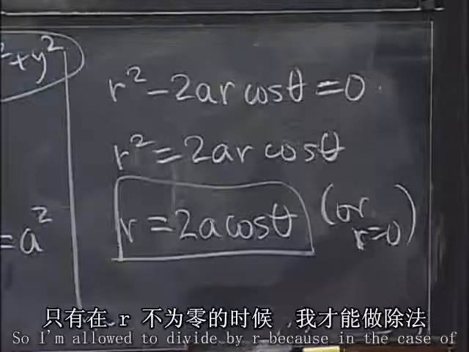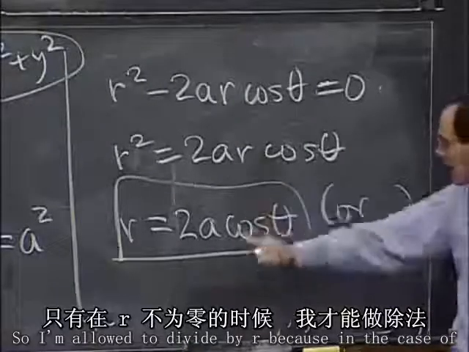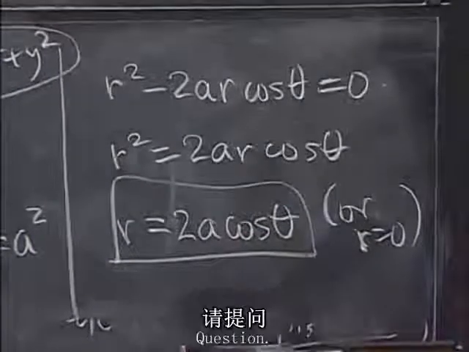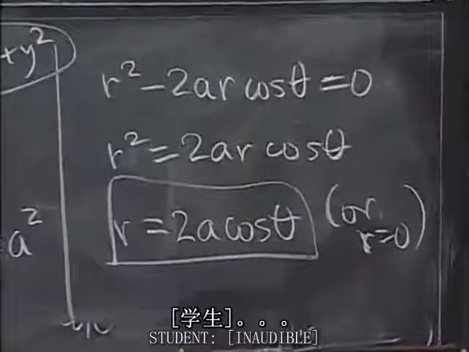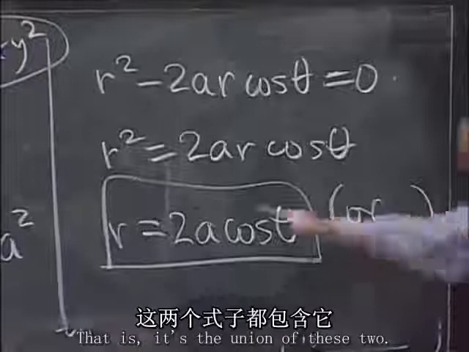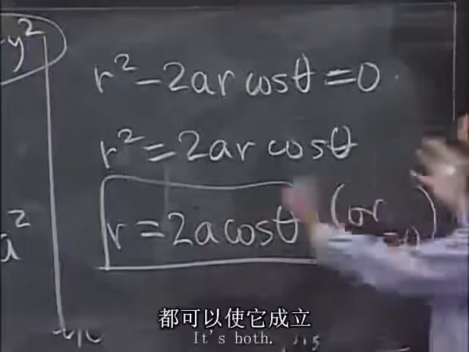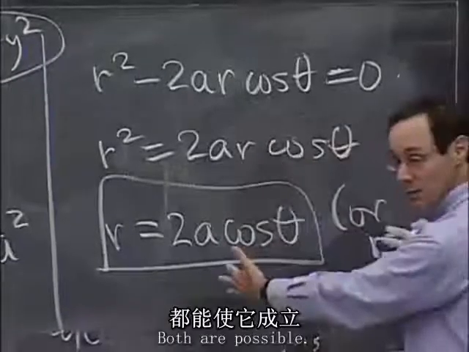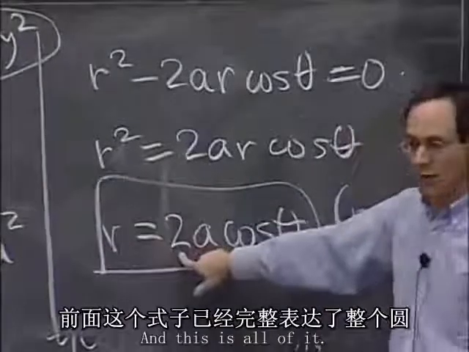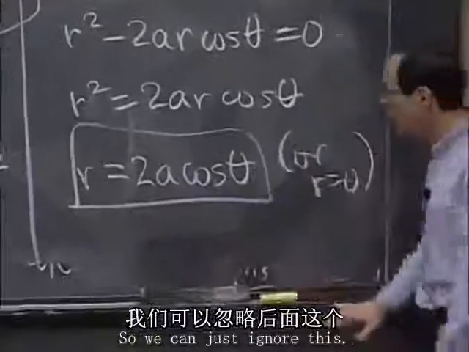All right, so I'm allowed to divide by r because in the case r equals 0, this is represented anyway. Question? How does the case r equals 0 represent that? R equals 0 is just one case. That is, it's the union of these two. It's both. Or both are possible. So r equals 0 is one point on it, and this is all of it. Okay, so we can just ignore this.